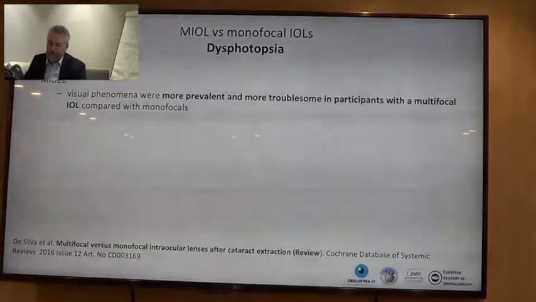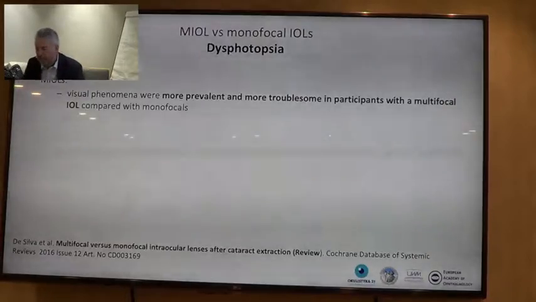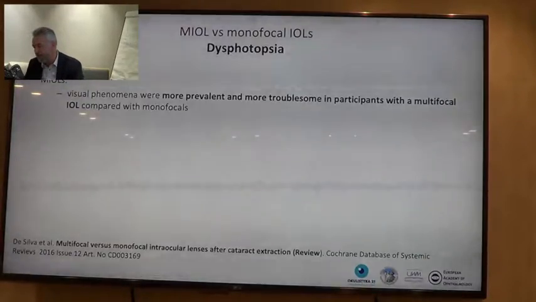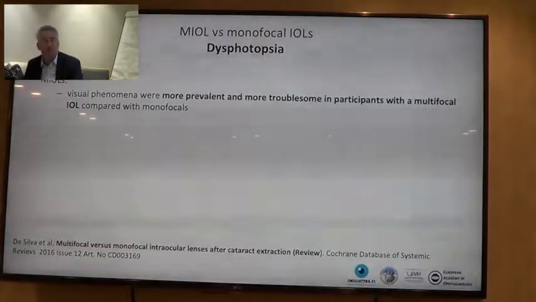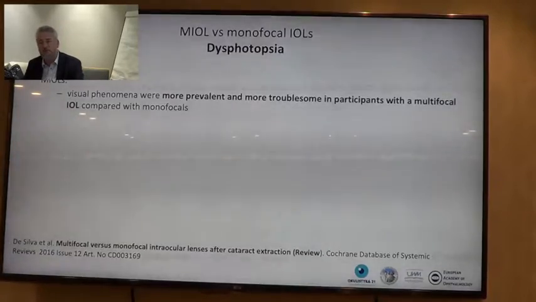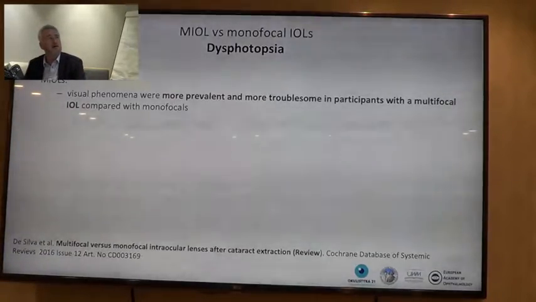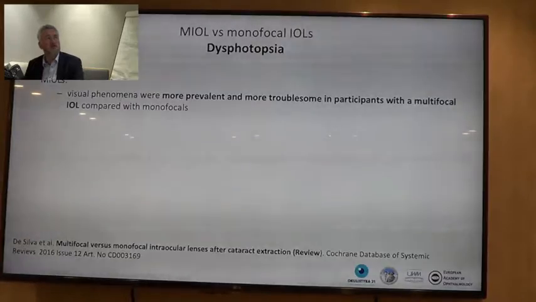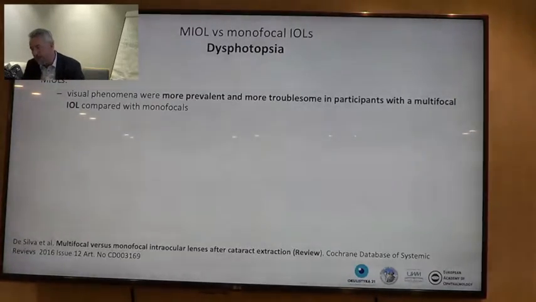But what did we get from evidence-based medicine about the quality of vision and life in multifocal IOLs versus monofocal IOLs, what kind of data is coming from evidence-based medicine? So we can get information from the Cochrane Database systematic review, which was published in 2016.